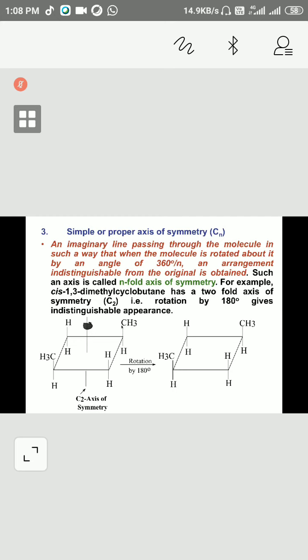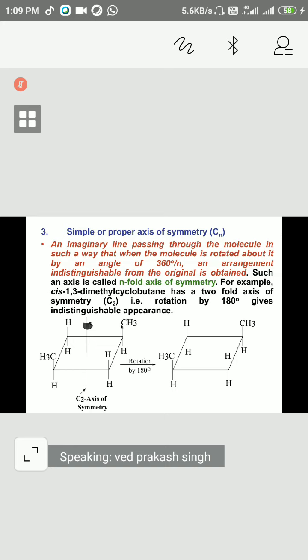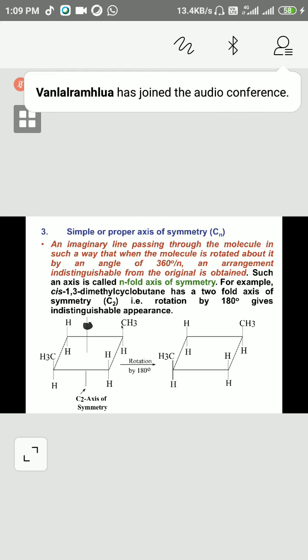Simple or proper axis of symmetry, Cn. What is Cn? This is an imaginary line passing through the molecule in such a way that when the molecule is rotated about it by an angle of 360 by n, an arrangement indistinguishable from the original is obtained. Such an axis is called an n-fold axis of symmetry.